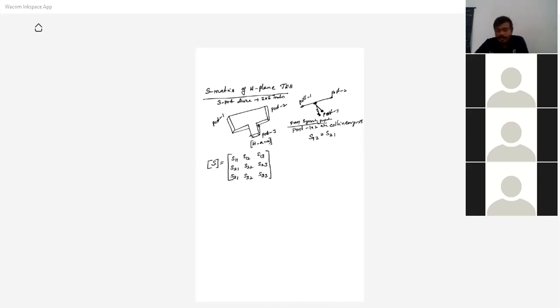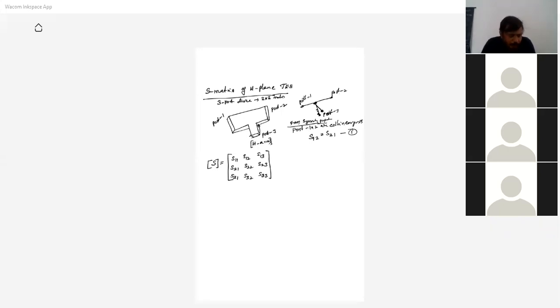Now, based on the properties, the first property is the symmetry property. Port 1 and port 2 are collinear ports, so you can write S12 is equal to S21. This is the first one. Then port 1 and port 3 are also symmetric.